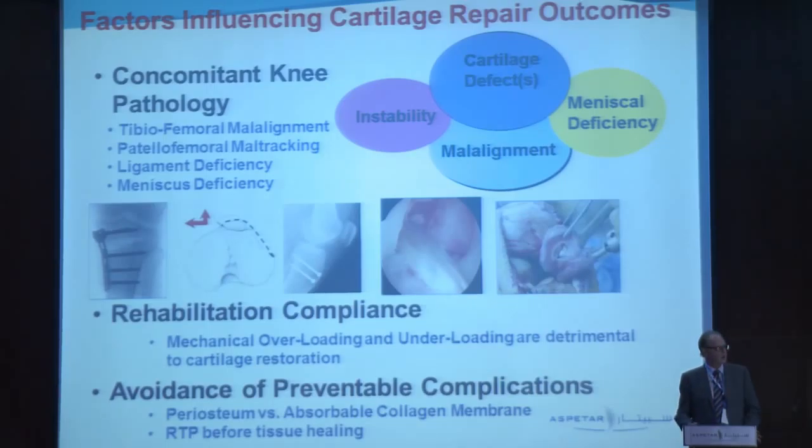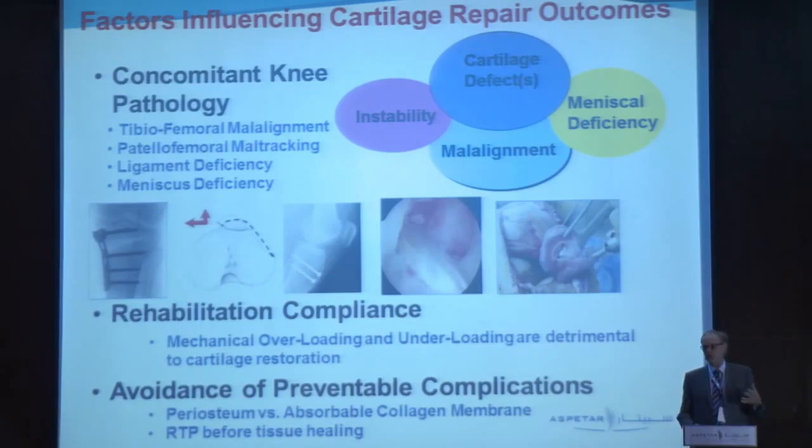And these are all examples of cases of doing that. As far as rehabilitation, mechanical overloading or underloading are detrimental, as I mentioned, to cartilage restoration, as is compliance, actually doing what you're supposed to from a therapy standpoint. Avoidance of preventable complications, periosteum versus absorbable collagen membrane.